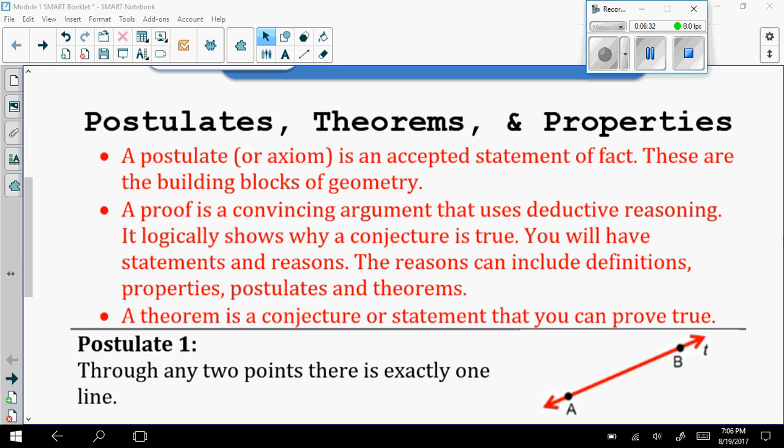The reasons can include definitions, properties, postulates, and theorems. A theorem is a conjecture or statement that you prove. So a postulate we accept to be true, no proof required. A theorem we actually prove. So the vertical angles theorem is going to be one of the first theorems that we prove, but right now we're just going to talk about it and use it. Pause here because I know this is a lot of writing. I'm going to go back to page 4.